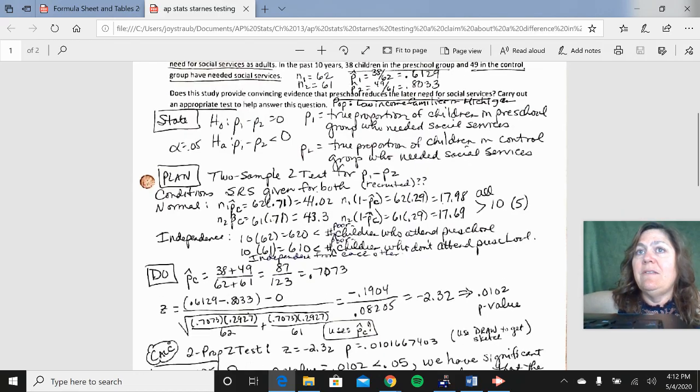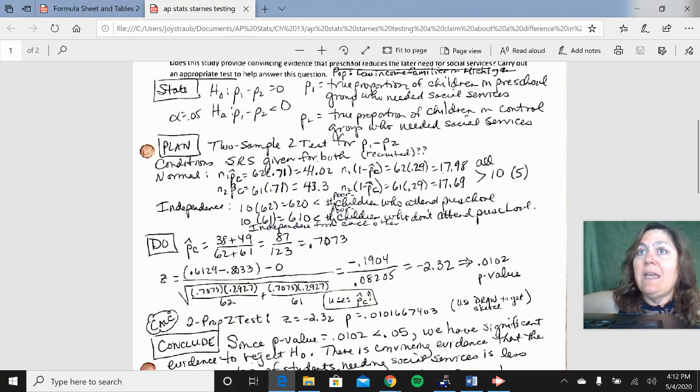So that's what gives us at least random assignment, okay? And then you're using that n1 times p hat c and n2 times p hat c. All of those are greater than 5. Your 10n option for independence. And then remembering to say they're independent from each other. Okay. Now hopefully you got all those parts in.